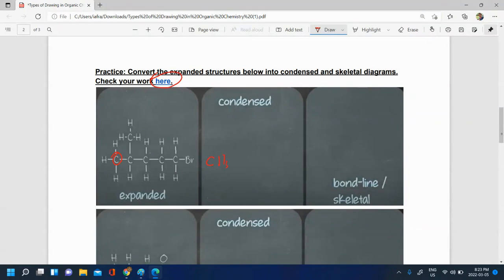CH3. Next, we'll go to this carbon, and we have to make the line connected here. There's one H connected to it, and then that's getting bonded to a CH3 above there. Then we'll go to the next carbon, which also, all these carbons here, there's 3 of them that are CH2s.